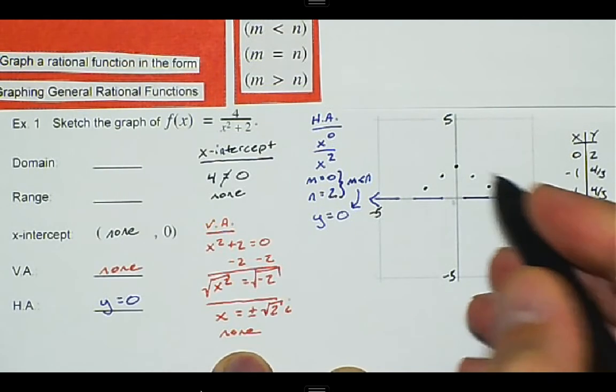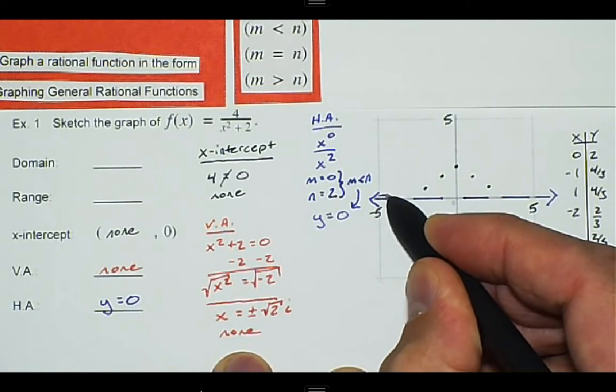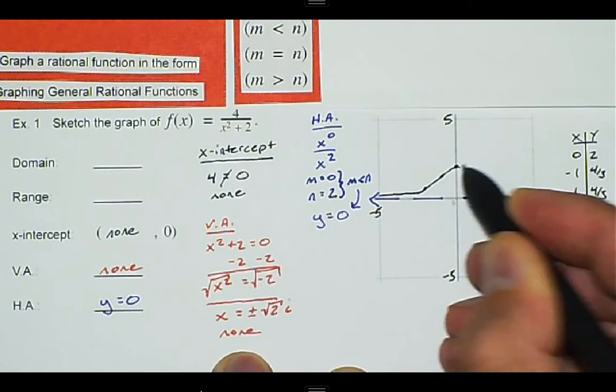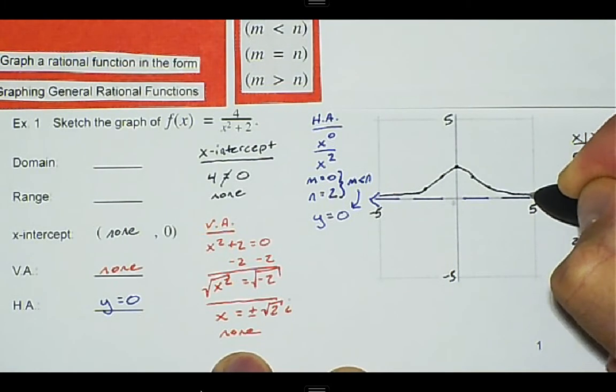So we have pretty good points, and we know that we're not going to cross the asymptote here, so we can draw, get really close there, come up, and then come back down and get really close again.